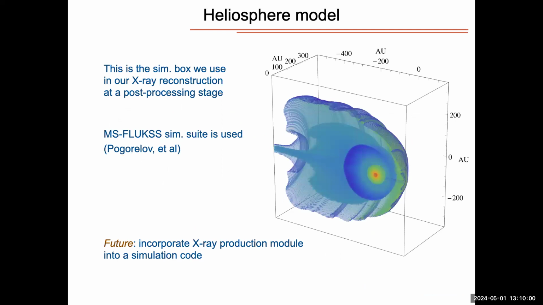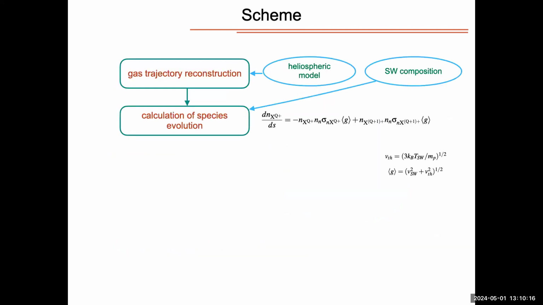So here as an example, this is the density plot. We use MS Flux, developed by Porgarello for a couple of decades, or 3 decades maybe now. Then we solve the evolution equations, basically continuity equations for each ion species.